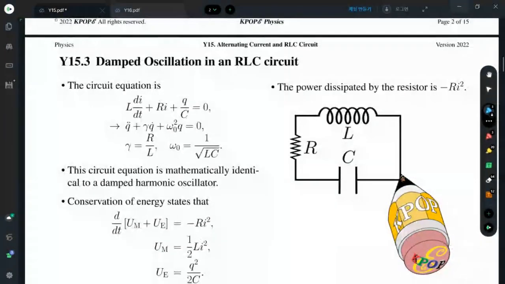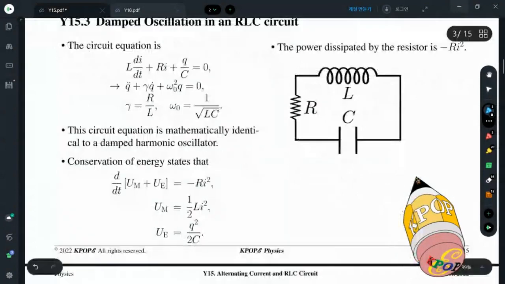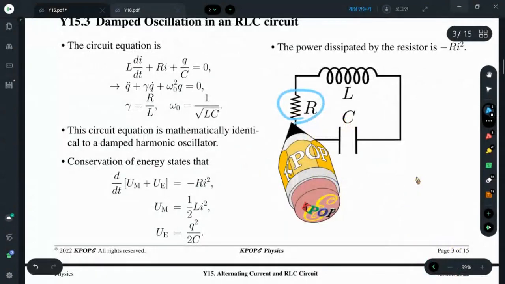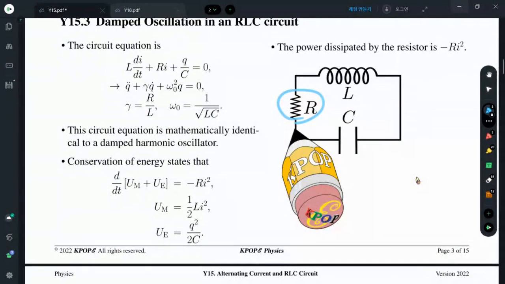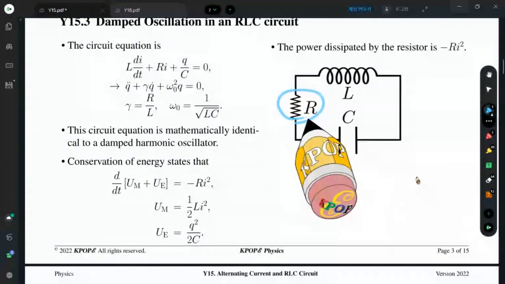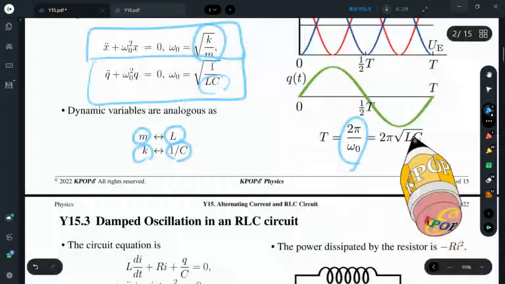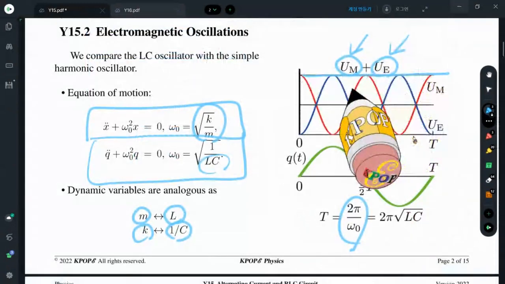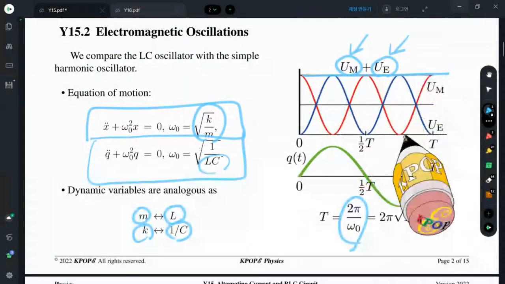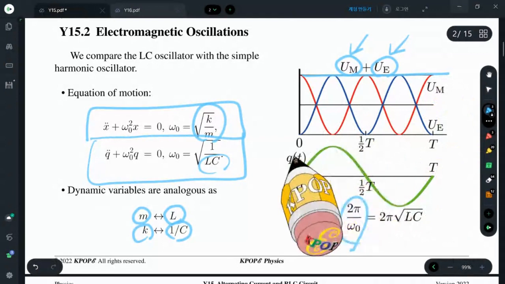Why don't we consider the case when a resistor is attached? If the resistor is absent, then the total electromagnetic field energy is completely conserved.